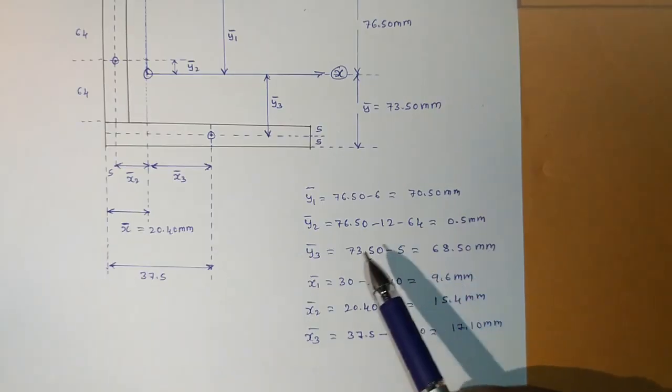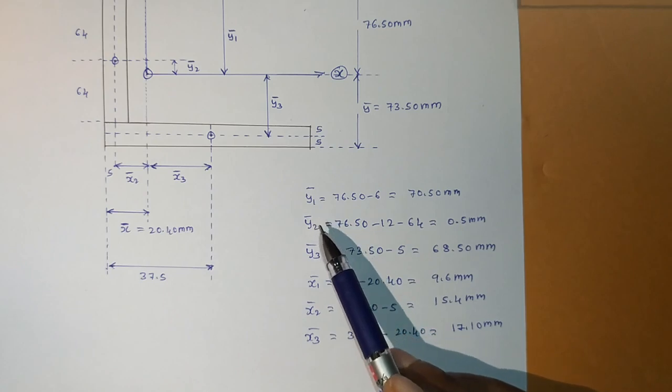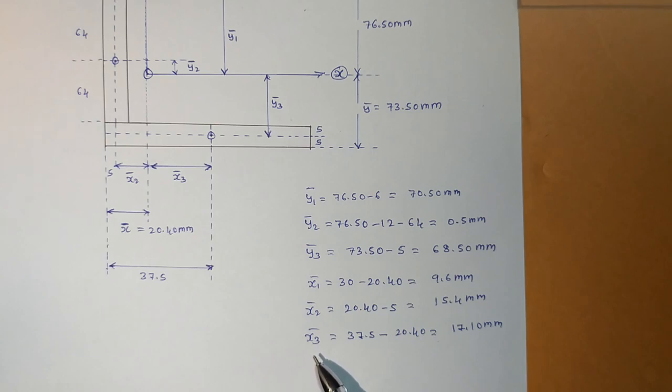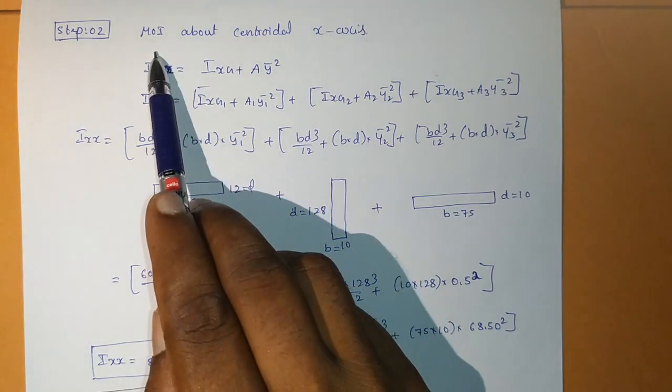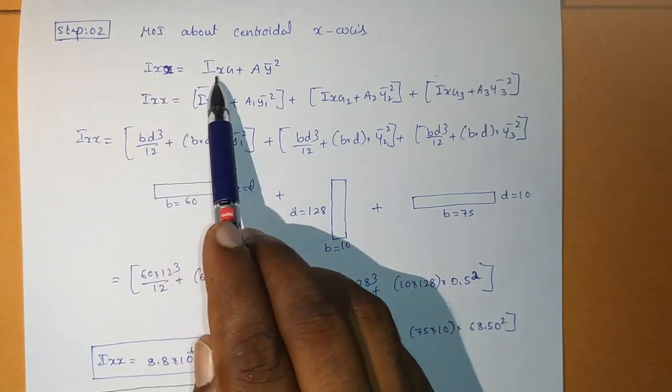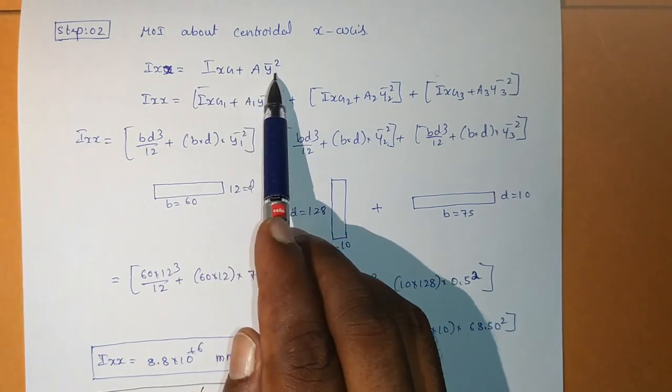After finding the centroidal distances y1 bar, y2 bar, y3 bar and x1 bar, x2 bar, x3 bar, we have to find the moment of inertia about the centroidal x-axis and also the y-axis. For the x-axis, the general formula is Ixx equals Ig plus A y bar squared.